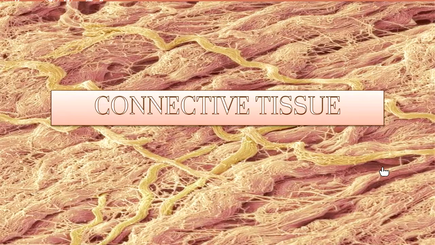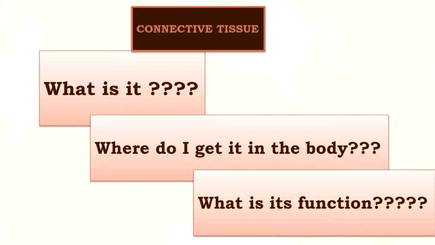When we talk about any tissue, as we already studied epithelium, now we are going to study connective tissue. When we talk about any tissue, first of all, we should know what is it, where do I get it in the body, and what is its function. If I understand the basic of any tissue, then I can correlate and apply it in the functional aspect.